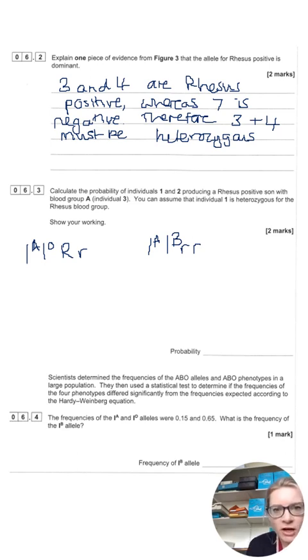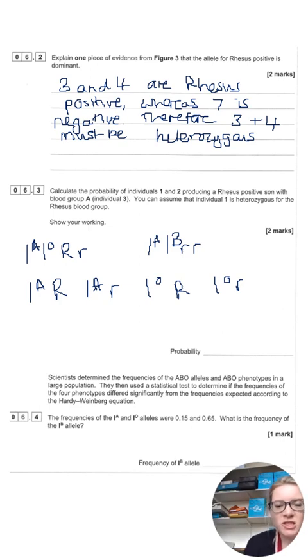So let's have a look at the possible gametes. We've got A and capital R, or A and little r, or O and big R, or O and little r.